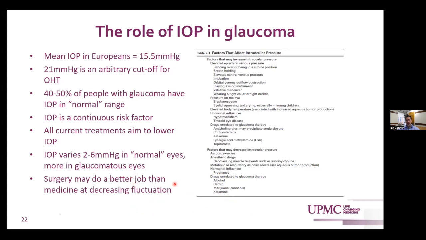Surgery, we think, may do a better job than medical treatment at decreasing the fluctuation of the IOP throughout the day. And there are some sleep lab studies that demonstrate this both with laser trabeculoplasty as well as intraocular surgery. And then there's a whole bunch of stuff here in the table that you should review that can raise or decrease the intraocular pressure.